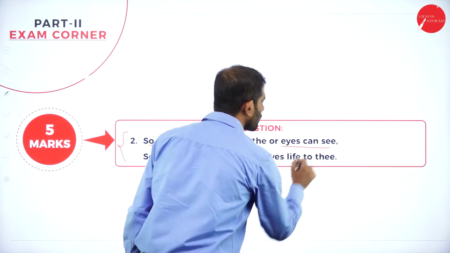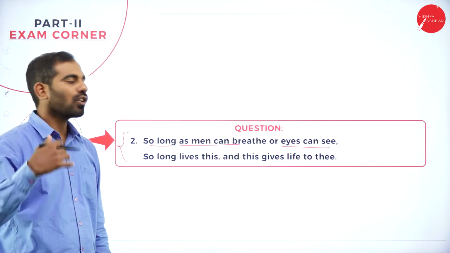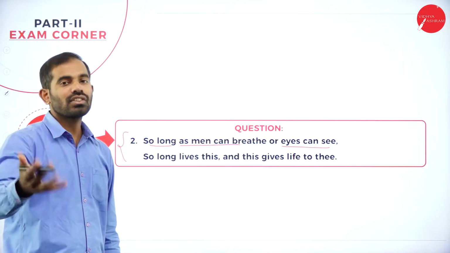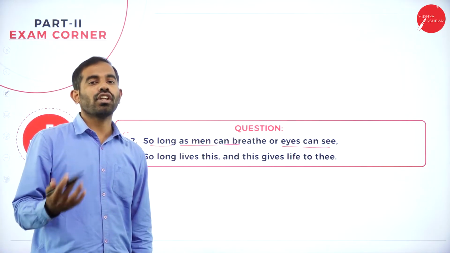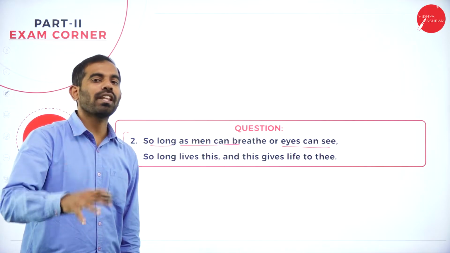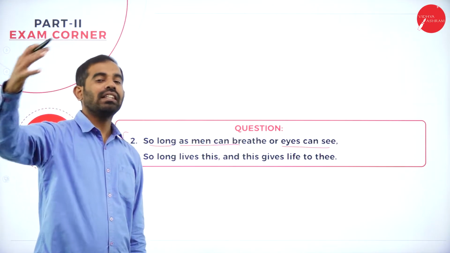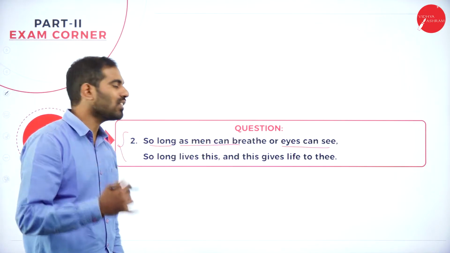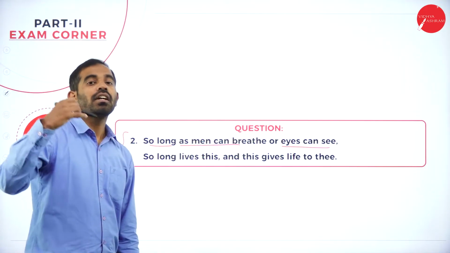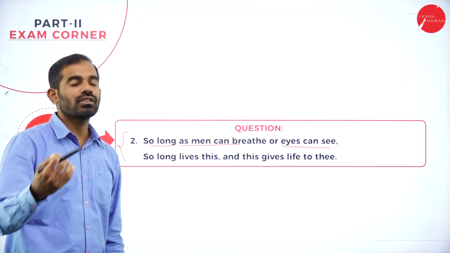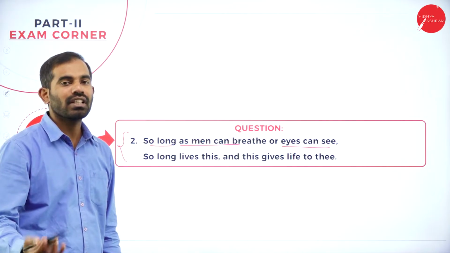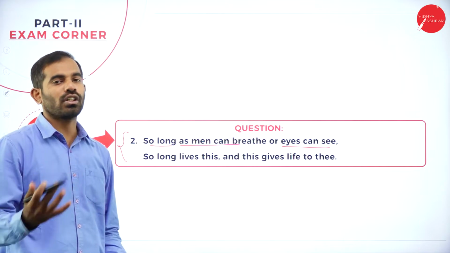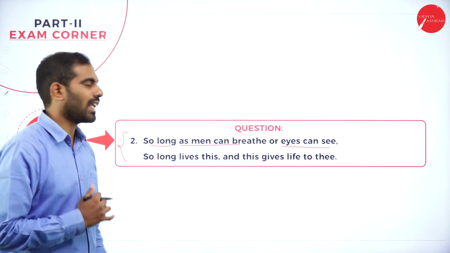And he moves on to say that as long as eyes can see, in the sense any living creature which exists on planet Earth, even till then you're going to be alive. You are immortal. He's trying to immortalize his beloved, or maybe his friend, or maybe his companion's existence on planet Earth.